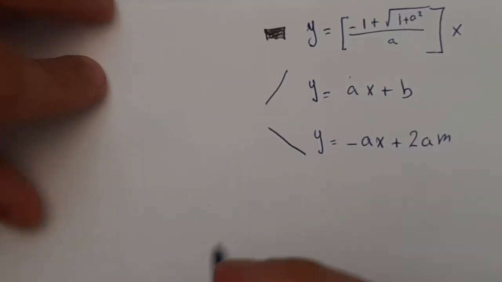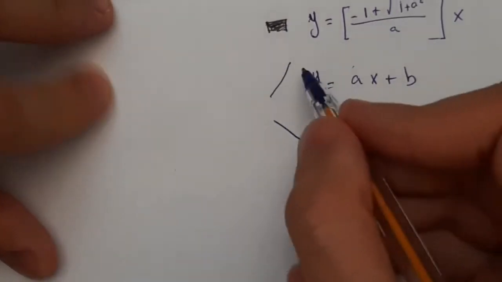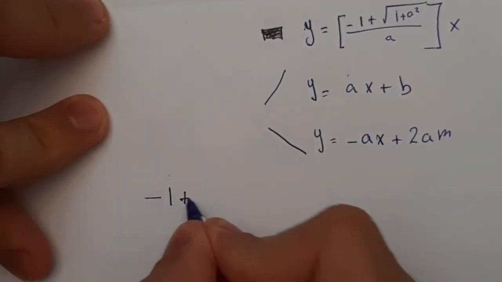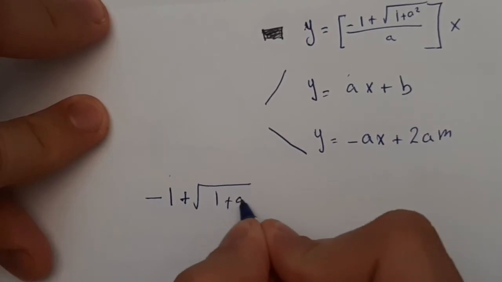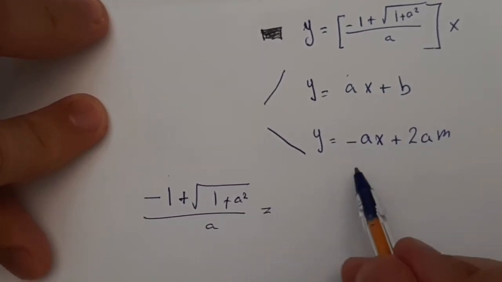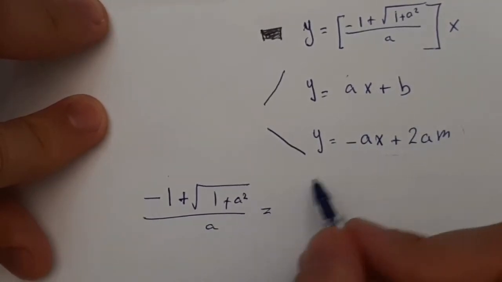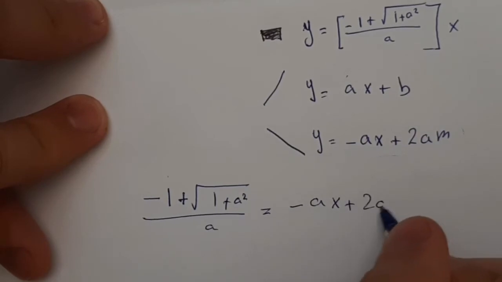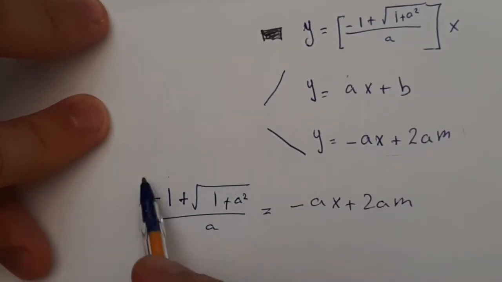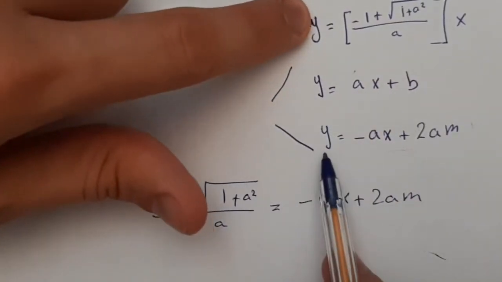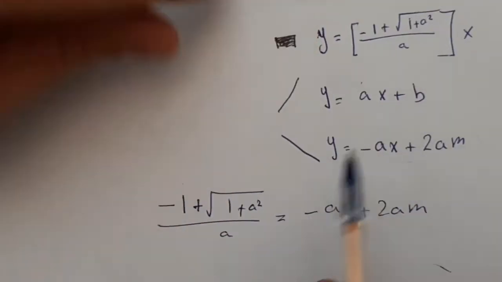So how do we find this point P? Well, it is the same y. So this y over here, when it is at the point P, minus 1 plus the square root of 1 plus a squared divided by a, must be equal to this y over here of the second line, right? Minus ax plus 2am. What is this giving us? Remember, these are the y's. We can say that they are equal. When are they equal?